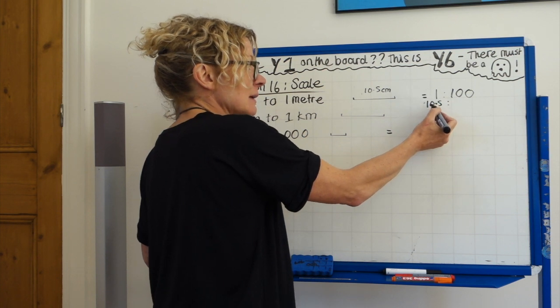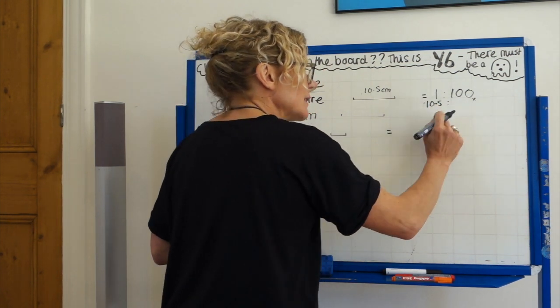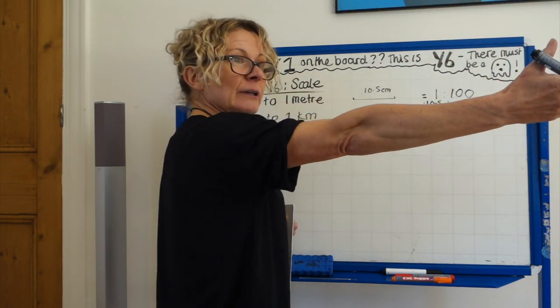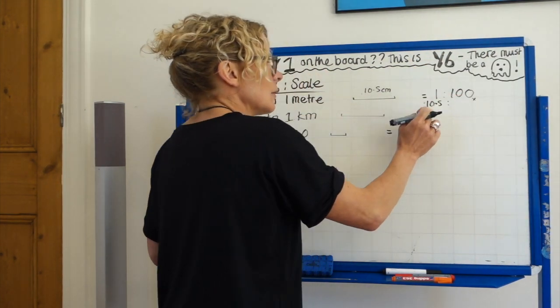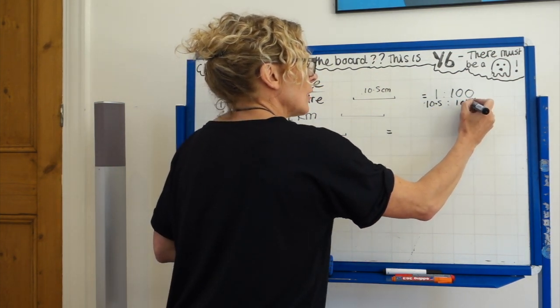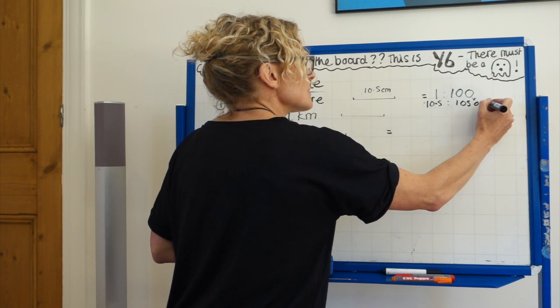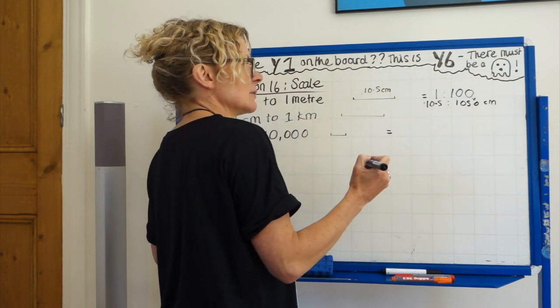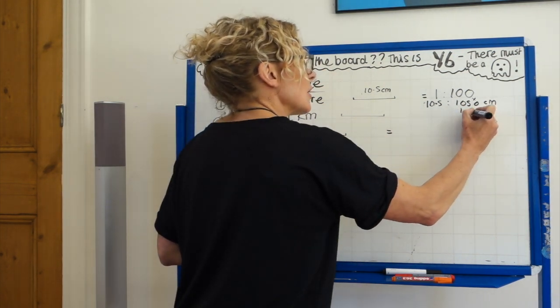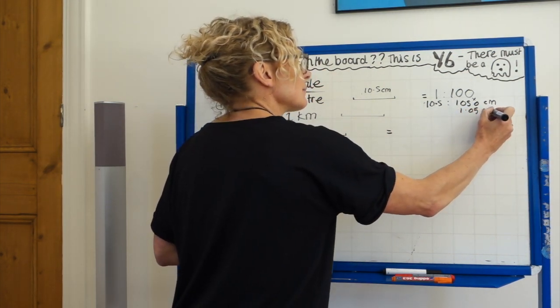So we've times it by 10.5. So that's what we need to do on this side to work out how long that line is in real life, okay? So 10.5, 100 times bigger, is of course 1050 centimetres. Okay, so that will be the answer to that. So that's 1.05 metres. Agreed?